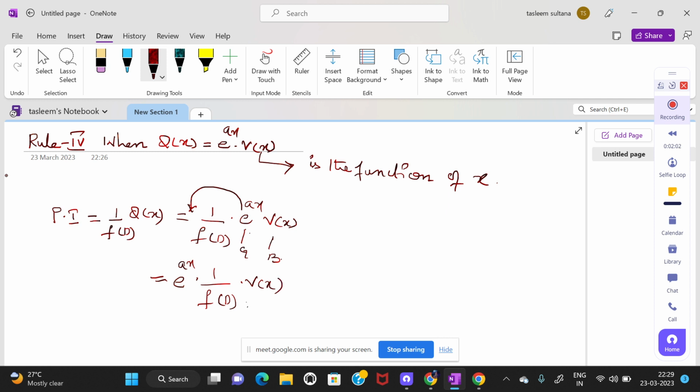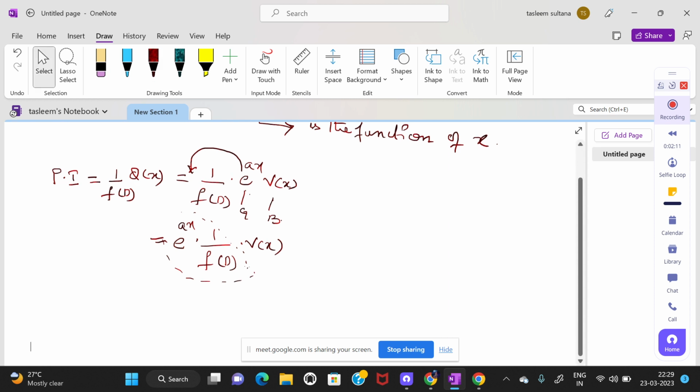Now he will ask, what is the reason? What happened now? Complete the story. He is going to listen from e power ax. There you have to substitute every D with D plus a. This a, from where are you going to get it?